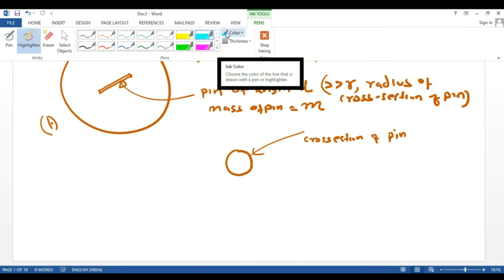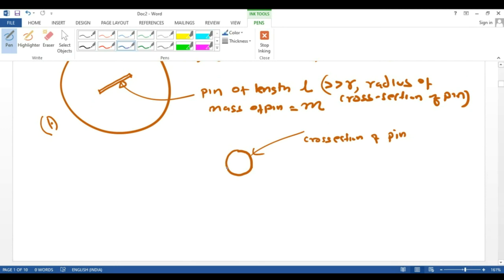And we find that this pin is just floating over the water surface as seen from here.